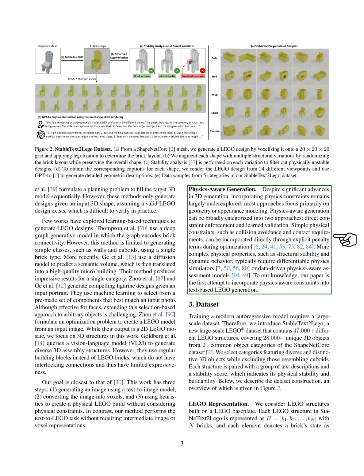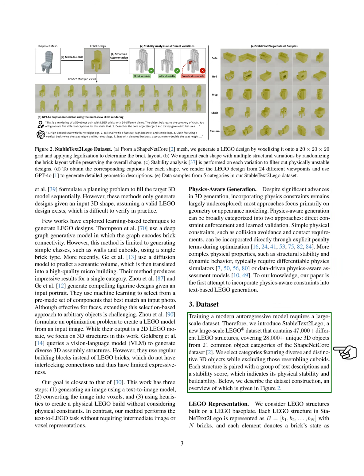Simple physical rules, like avoiding collisions, can be added directly during optimization. However, more complex properties, such as stability and dynamic behavior, often need specialized physics simulators or data-driven models. We believe our work is the first to integrate physics-aware constraints into text-based LEGO generation.